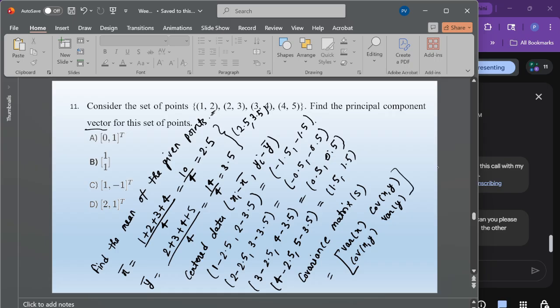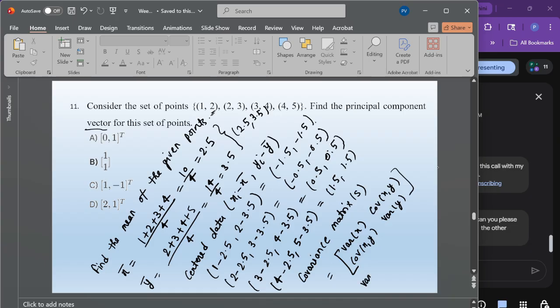Now if you see the centered data, all the points are identical, like minus 1.5, minus 1.5. X and y are identical in the centered data.